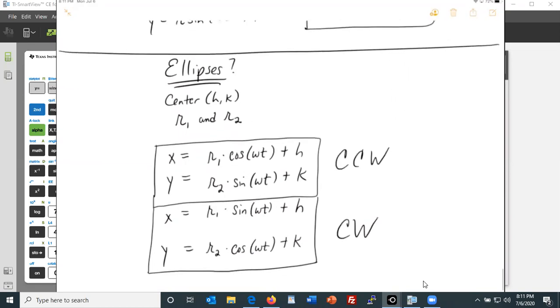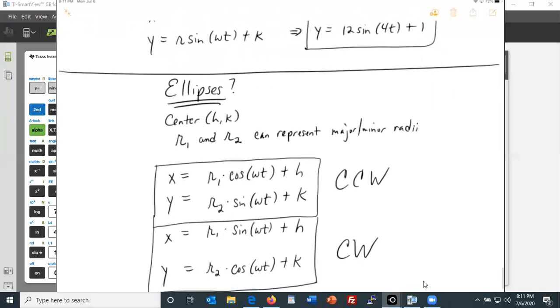So again, R1 and R2 can represent the major and minor radii, right? The plural of radius. Now, which one is which? Which one's the major and which one's the minor? Well, it depends on which axis is the major axis.